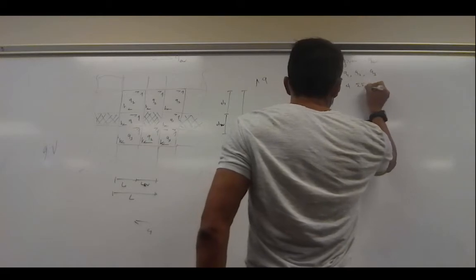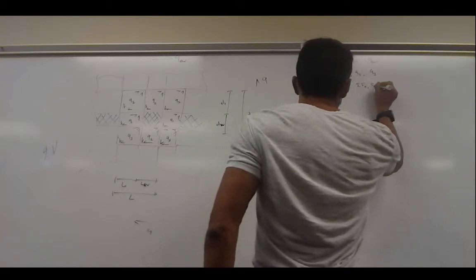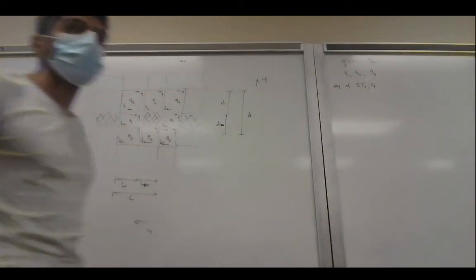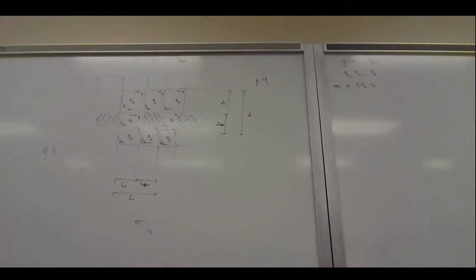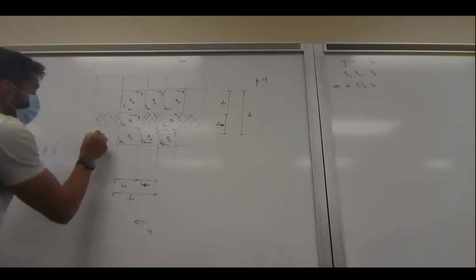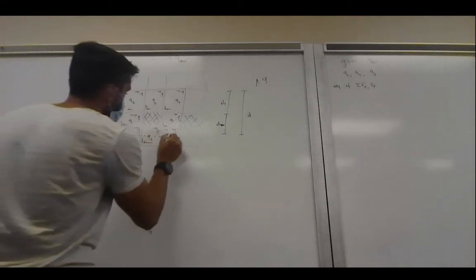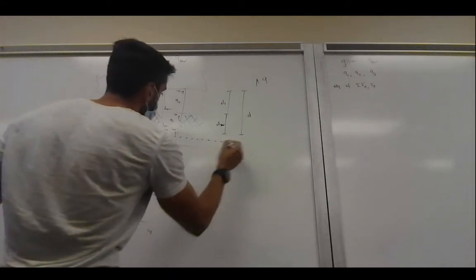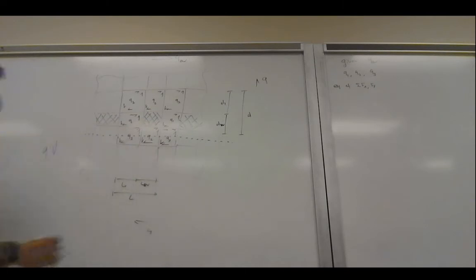Forces in X and forces in Y. So the first equilibrium, what we do is, we know that we have an average Q given here, Q average. So we say, well, we're gonna do an equation of the forces if we basically would cut out or investigate the panel along this cross section.